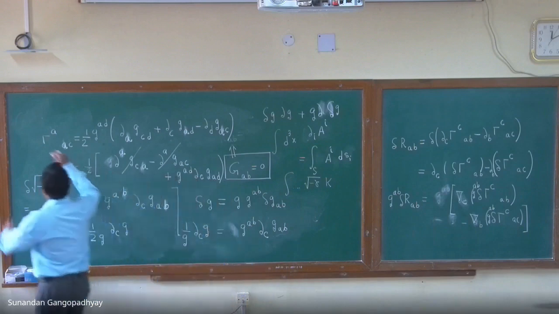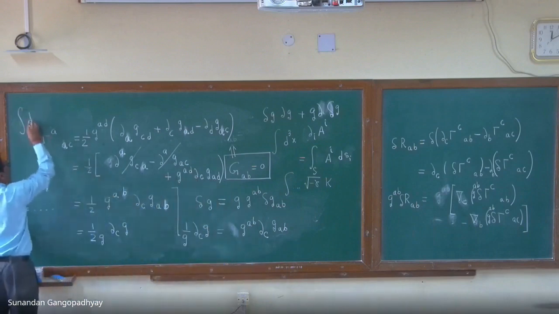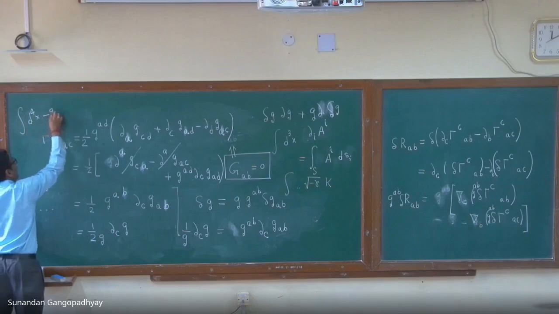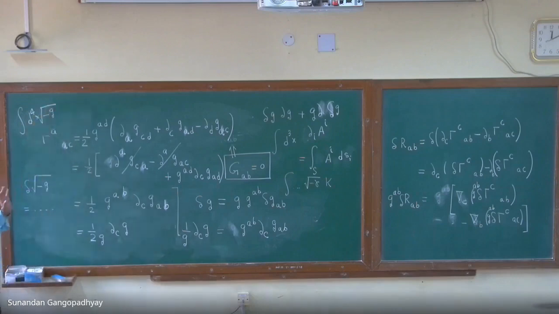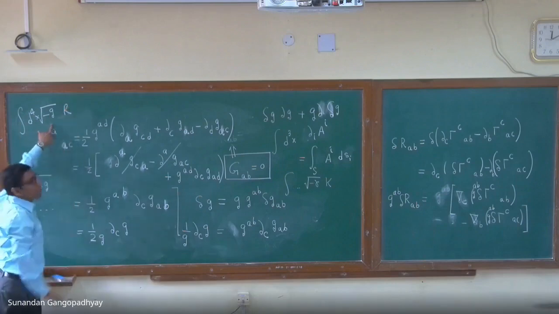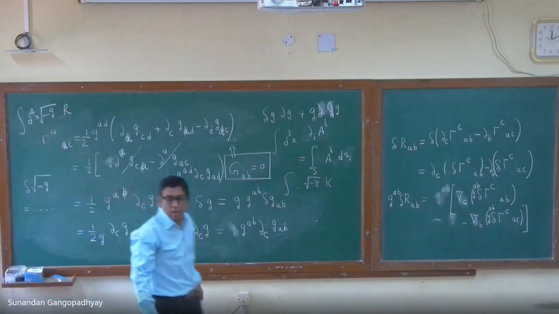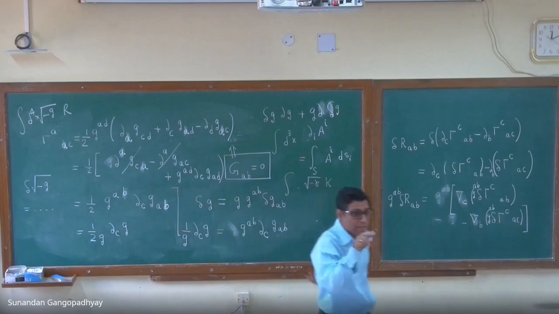তাহলে হ্যাঁ, একটা আরেকটা জিনিস তোমাদের জিজ্ঞেস করা উচিত ছিল, good point: square root minus G কেন দিয়েছিলাম? Why was it minus, square root of minus G?